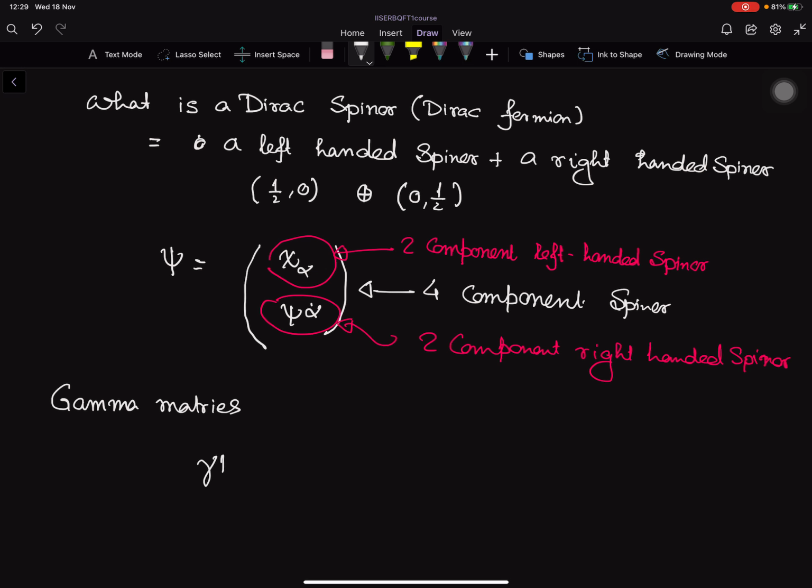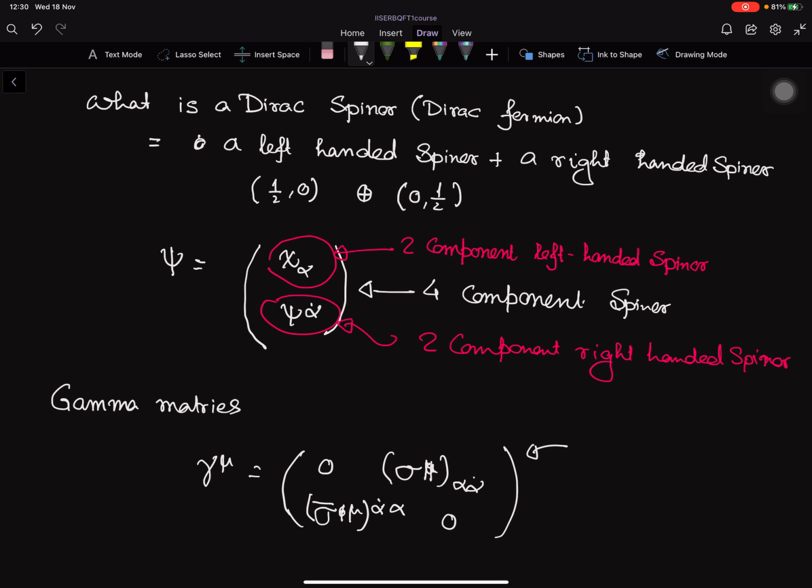So the gamma matrices: gamma mu is the same as 0, sigma mu alpha alpha dot, sigma bar mu alpha dot alpha, 0.